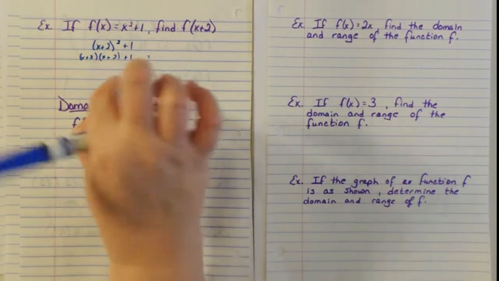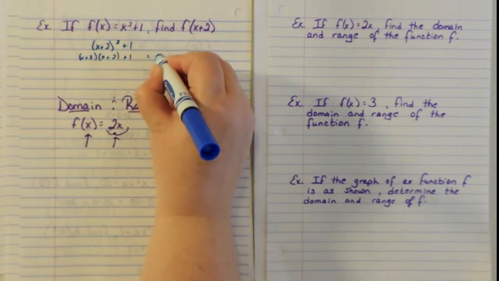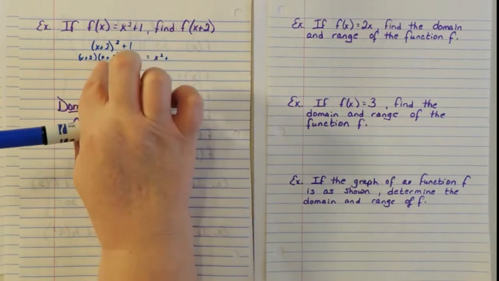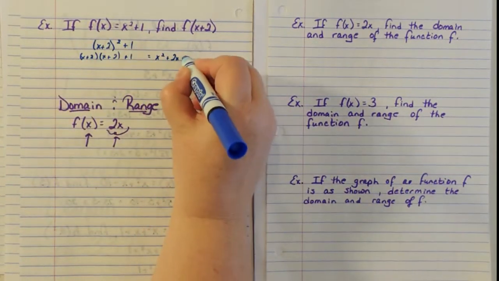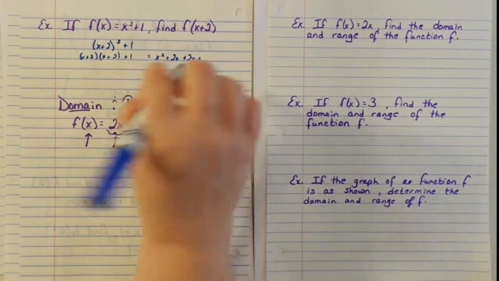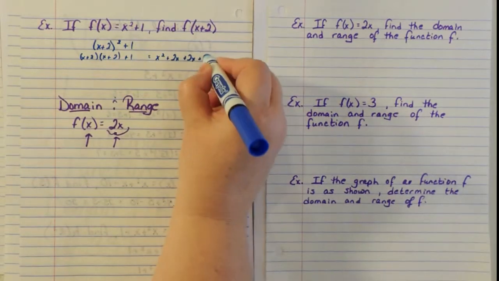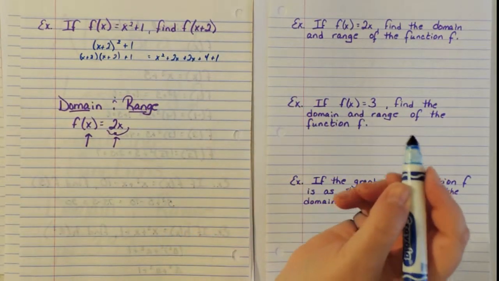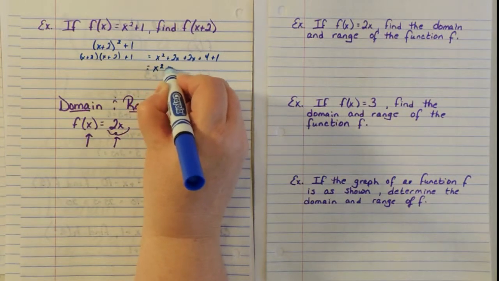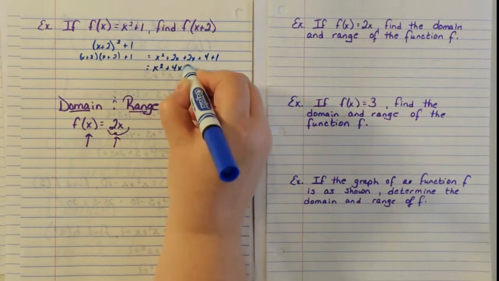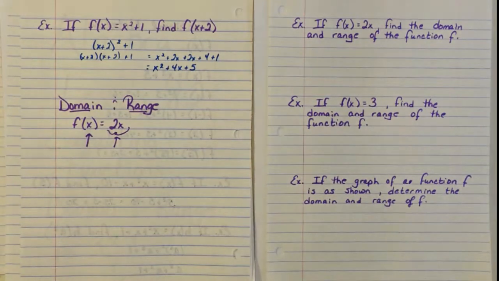So we're going to do FOIL. This is x squared plus 2x plus 2x plus 4 plus 1. Don't lose that plus 1. So now we have x squared plus 4x plus 5. And that would be your answer.